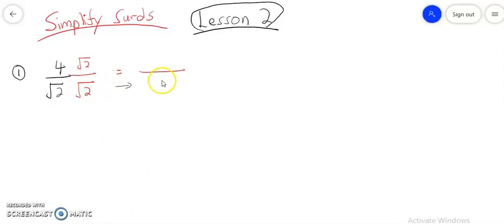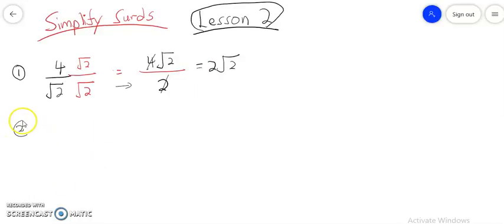Here you'll be getting 2 below, and above you'll be getting 4 square root of 2. You can simplify further, dividing 4 by 2, and you'll be getting 2 square root of 2.